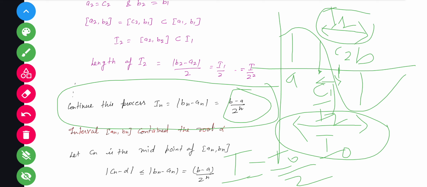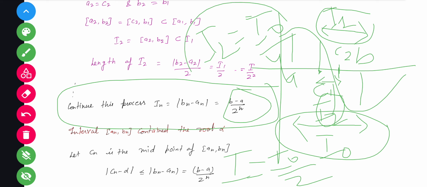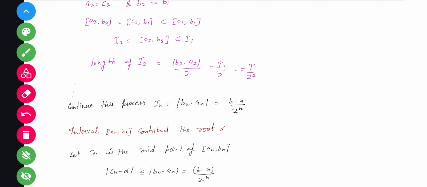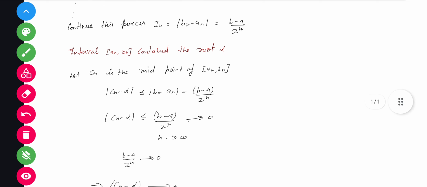And if you look at I2, then I2 is 4 times less than I0. So in this way it is in the 2 to the power n order of decrement, that means divided by 2 to the power n. That is the thing we need to understand here. And then let's see.